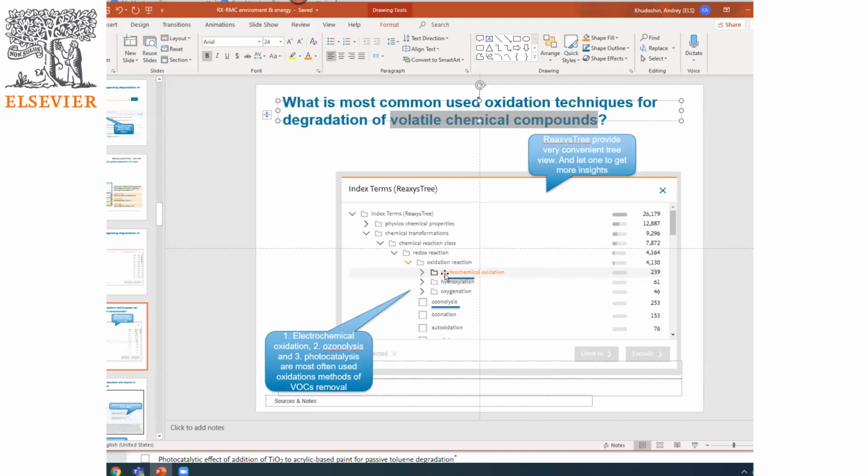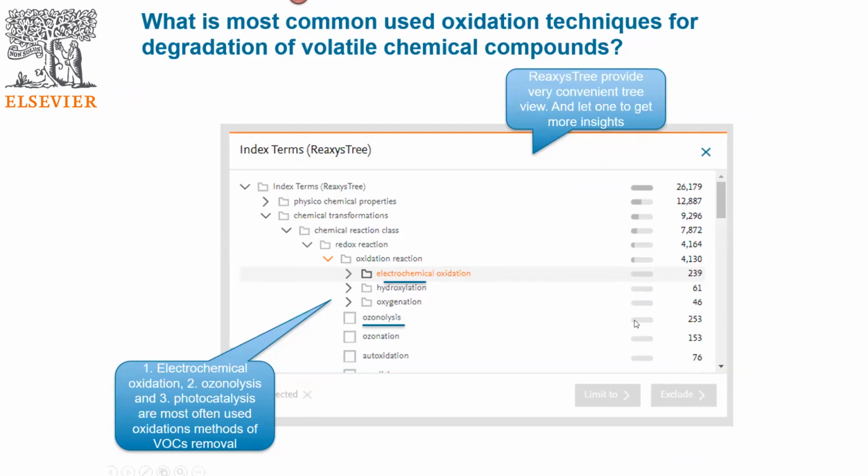What I found when I did the search is that the following oxidation techniques are often used. Number one is electrochemical oxidation. Number two is ozonolysis. And number three is photocatalysis. So these are the most often used oxidation methods for volatile organic compounds.